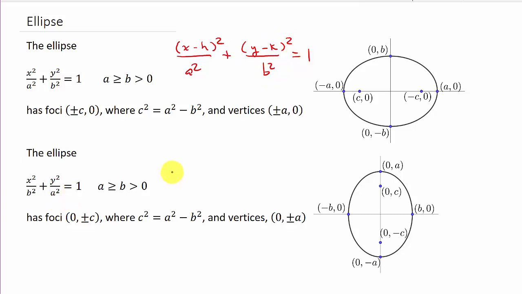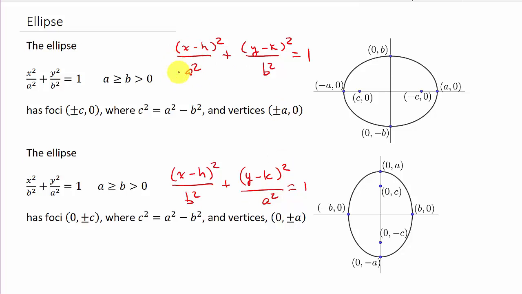And for this one, it would be similar: x minus h squared over b squared plus y minus k squared over a squared equals 1. So this is what you're going to have to pay attention to. You'll have to really watch that to get the center, and know which way the major axis is. We look for the larger number.